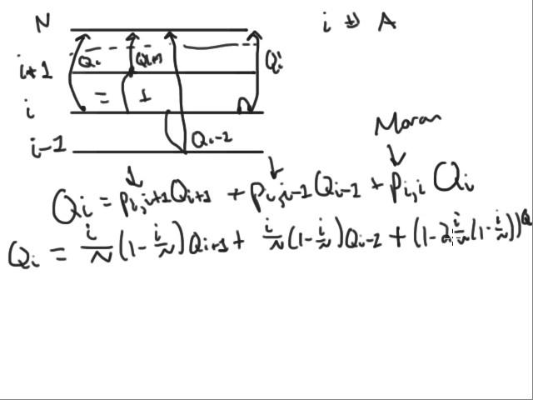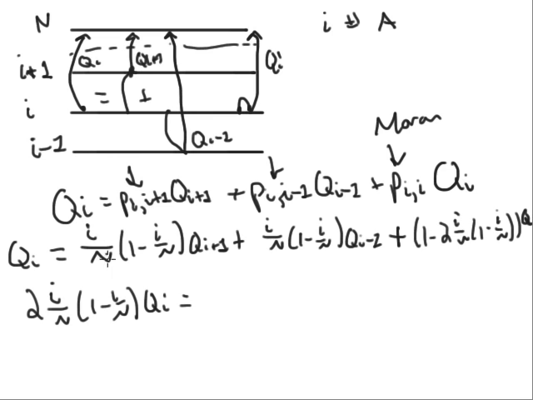so if we subtract this one over to here, what we're going to end up with is just 2i over N times 1 minus i over N times Qi. So there's a Qi on both sides, and we're getting them all onto the same side. And we just end up with that.